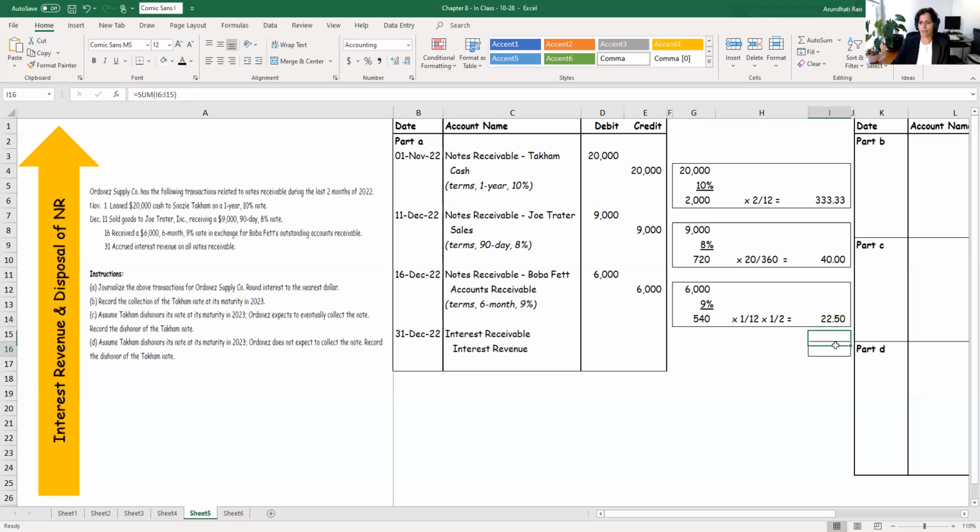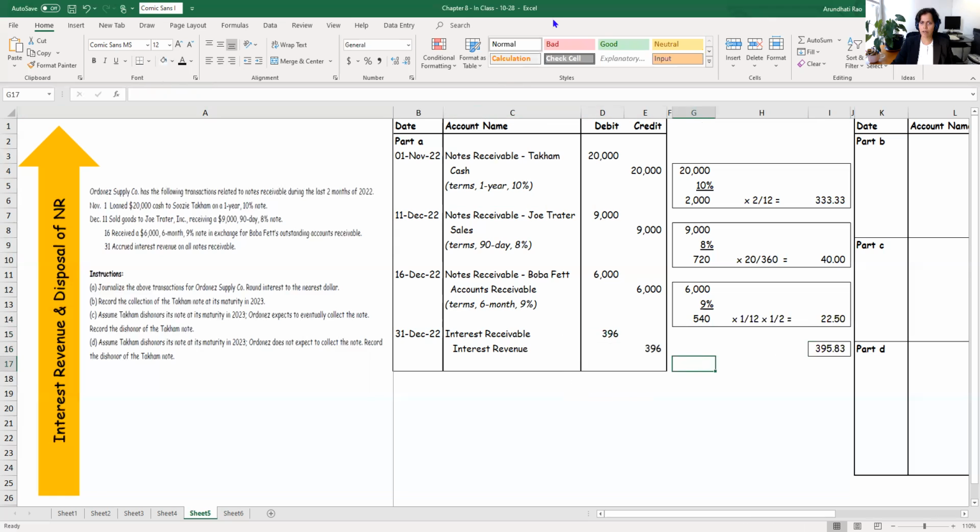Now, when I add up all the interest, I have $395.83. We're going to round it to the nearest dollar. So the amount I'm going to bring into my journal entry is $396.